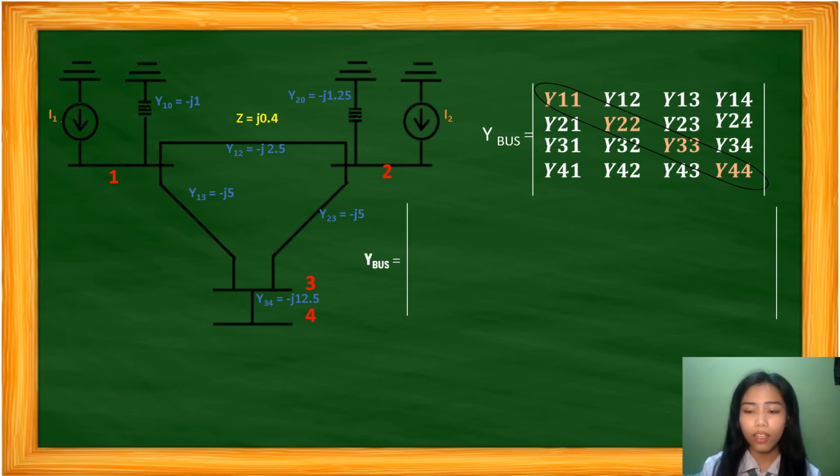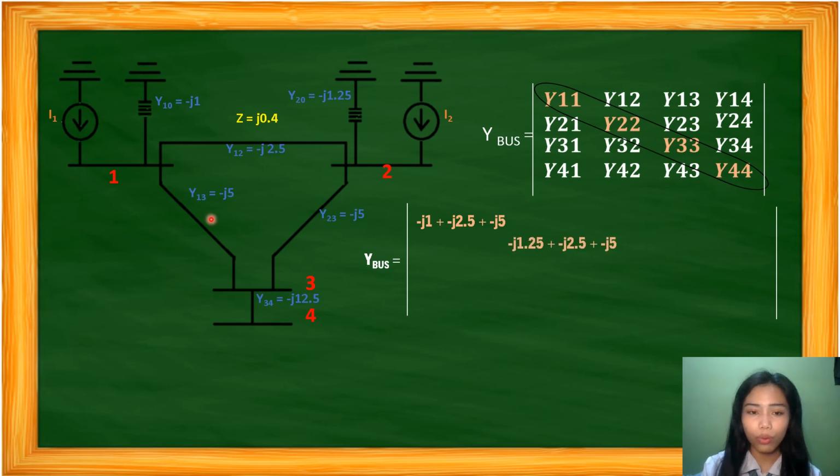Okay, let's input the given values from our examples in the equations I've set for this slide. In Y11, we have negative J1 plus negative J2.5 plus negative J5.